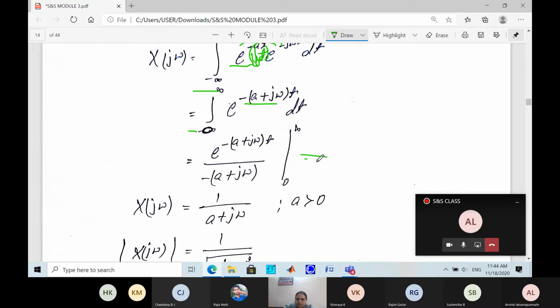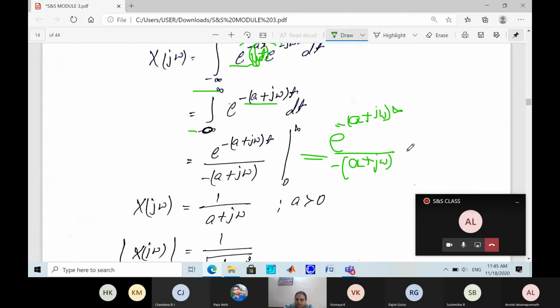I hope you are getting it, or else I will expand it here. When I substitute the upper limit, for t we substitute infinity: e raised to minus a plus j omega into infinity, divided by minus of a plus j omega.